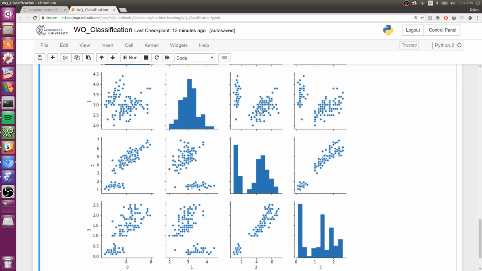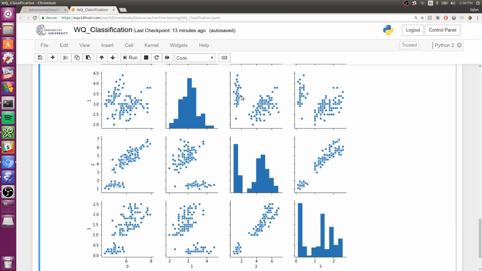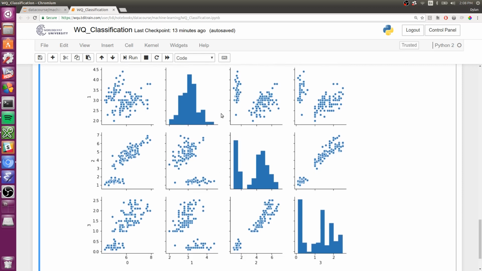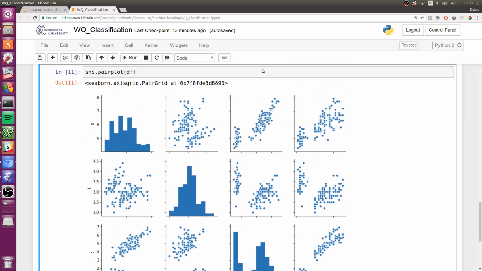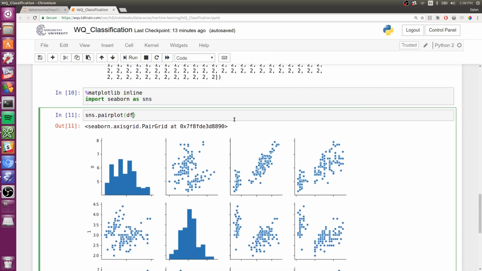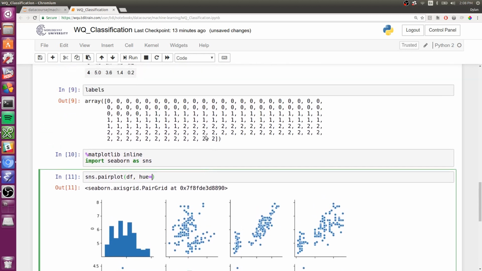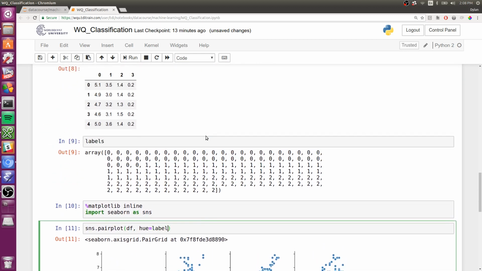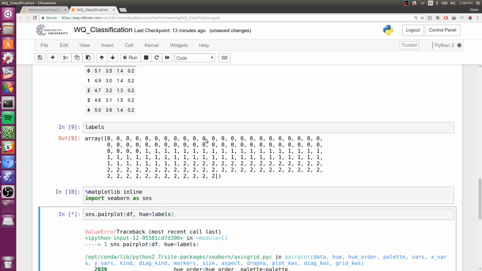Maybe most of the Setosa are over here, most of the Virginica are over here, who knows? And one way to verify whether this separation actually is meaningful in terms of species is to add some color. So let's add color by setting the hue keyword equal to the labels.